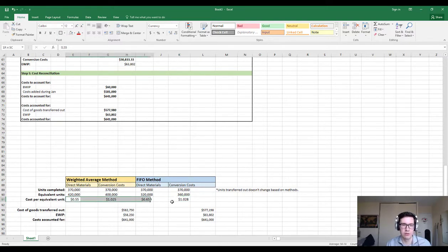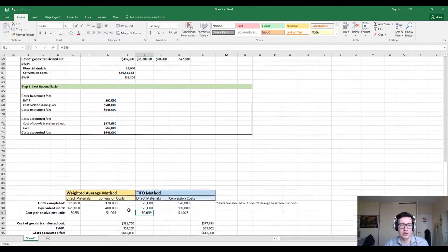The cost per equivalent unit are also different because we're not including the beginning work in process costs for the FIFO method. And based off of all of that, our cost of goods transferred out have changed for both methods, and same for the EWIP. So it's still pretty similar, and you can see that the FIFO method is extremely complex.